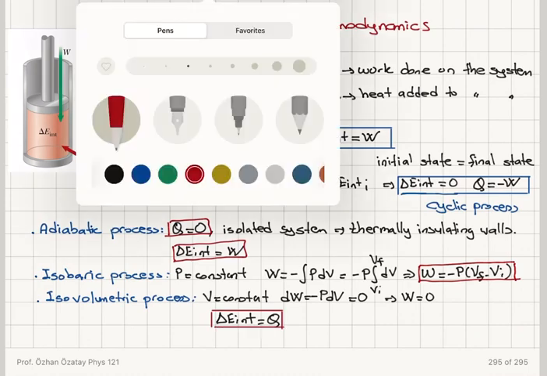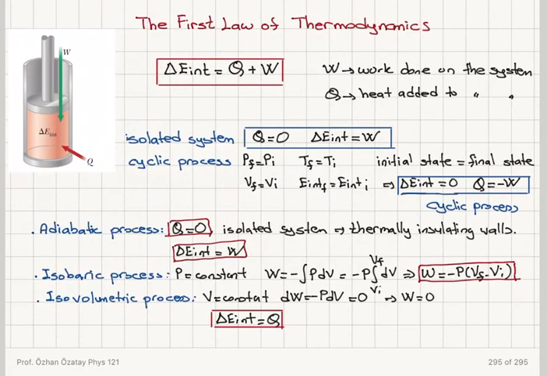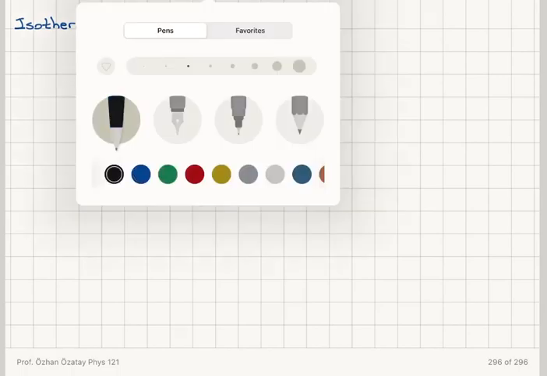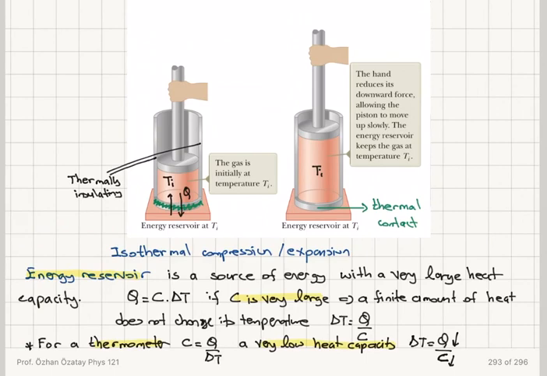And finally, we have the isothermal process. In the isothermal process, we have the system having thermally insulating walls except one boundary, which we have shown here.